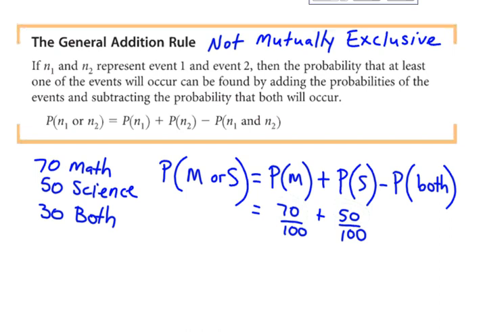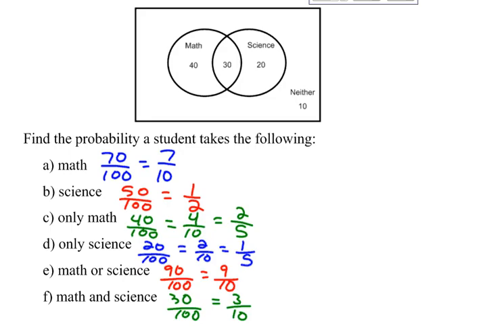So what this new rule tells us is that we have to subtract those 30 students one time. So we end up with 70 plus 50, which is 120, minus 30, which is 90 over 100, or 9/10, which you can see is the same answer we got previously over here when we found the probability of the union of math or science.